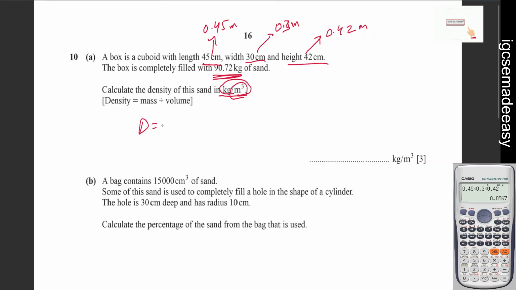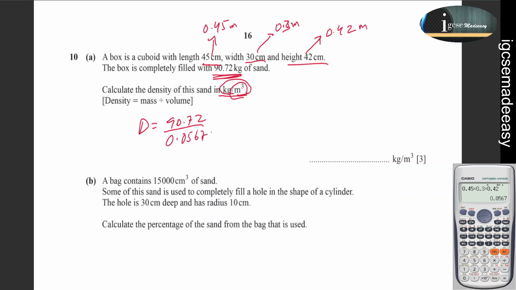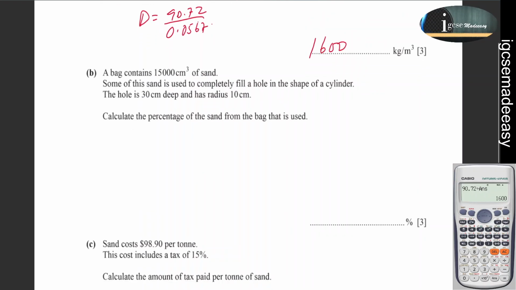So density is, mass is 90.72 divided by the total volume 0.0567. So we'll write 90.72 divided by that answer, and we'll get 1600 as the density of this.